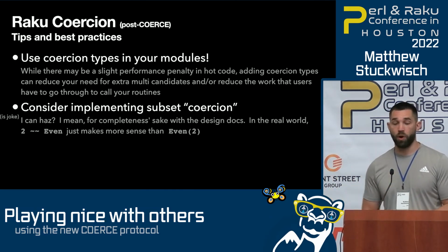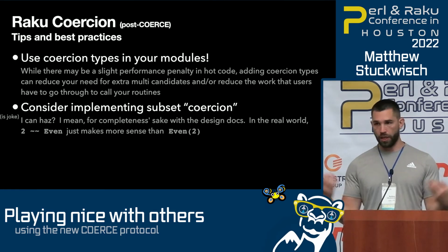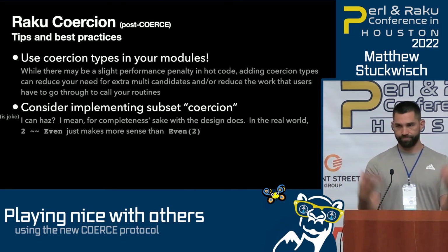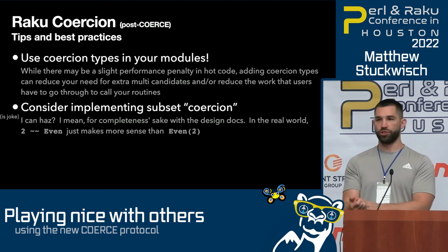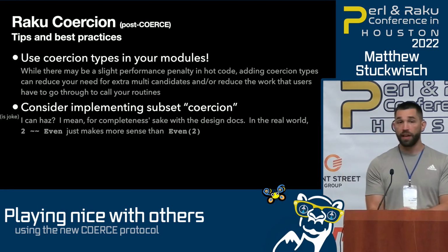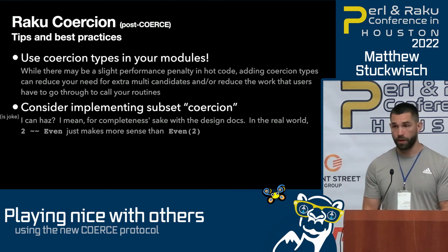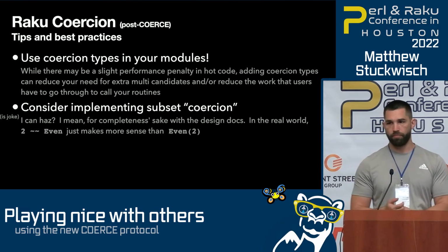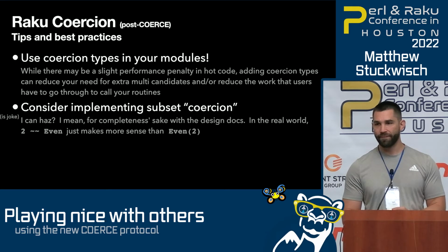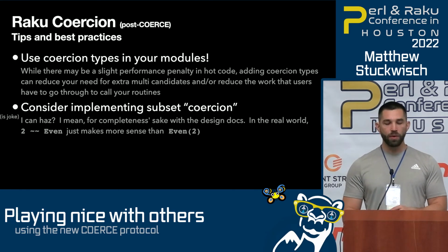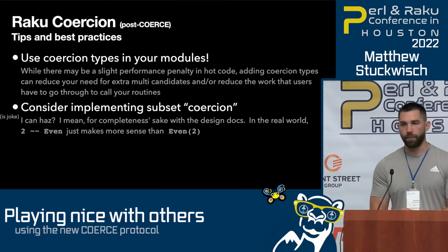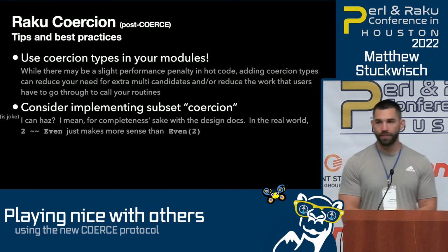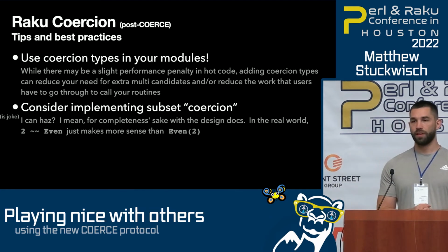Obviously, you want to do it on ones where it's very clear and evident, where you don't have to think about why this coercion is happening. You want it to just work. If it's going to be a little bit more of a complex one, maybe you're not going to want to do that. So I guess I would say, definitely think about using coercion types in your public API. Not because it weakens the type safety that you're providing in your API.